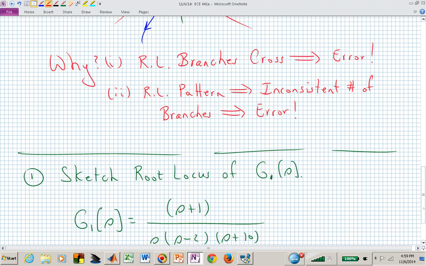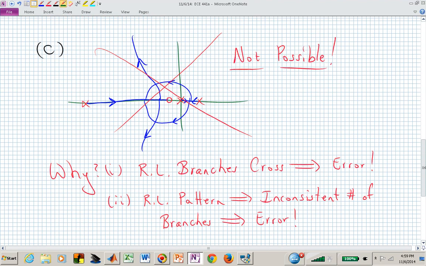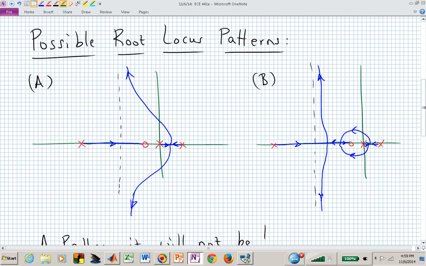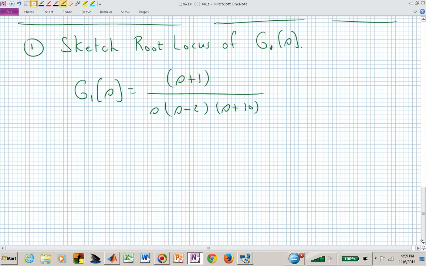What I want to do now is illustrate how we can determine which pattern we have, pattern A or pattern B, and I'll do that with a couple of different transfer functions. Suppose that we are tasked with sketching the root locus of g sub 1 of s. We have a numerator polynomial over a denominator polynomial.